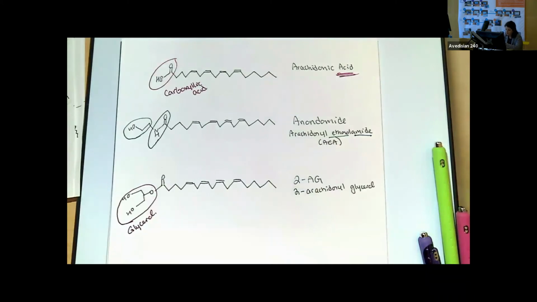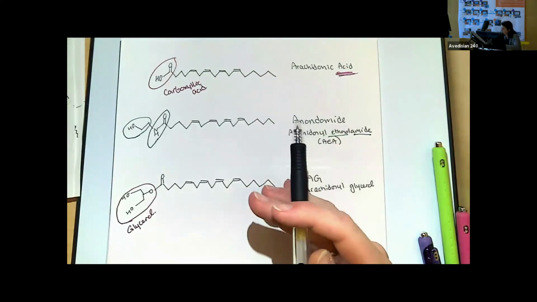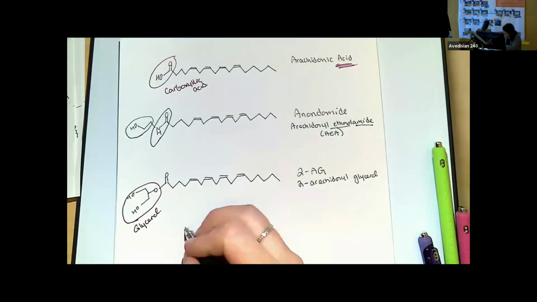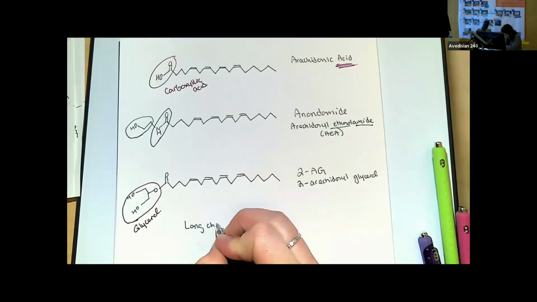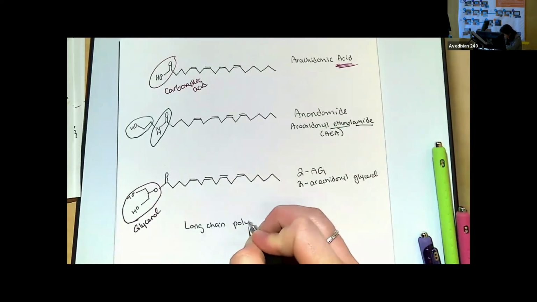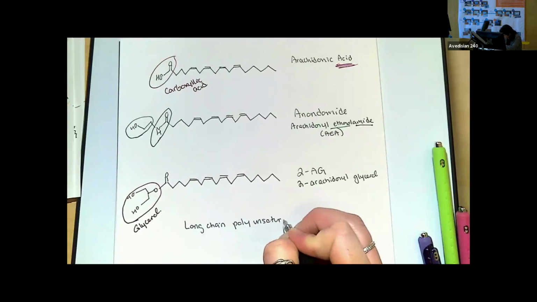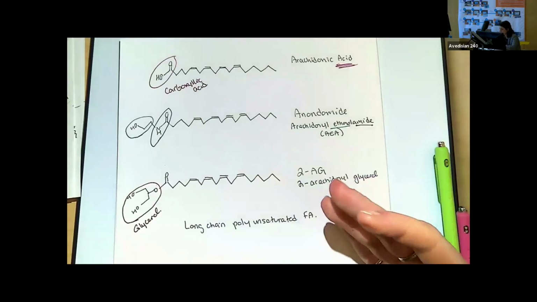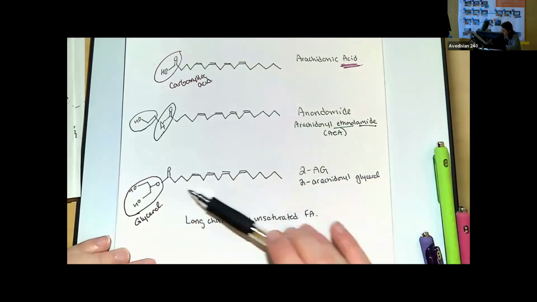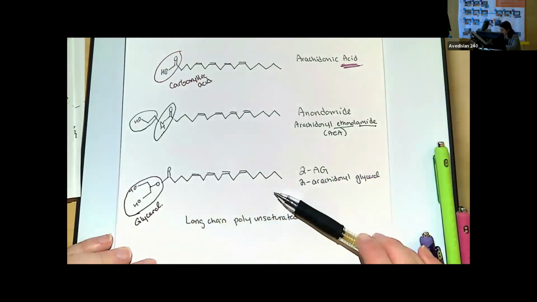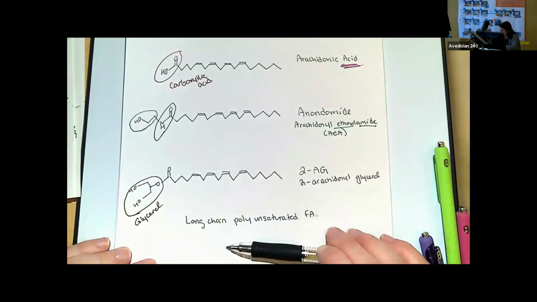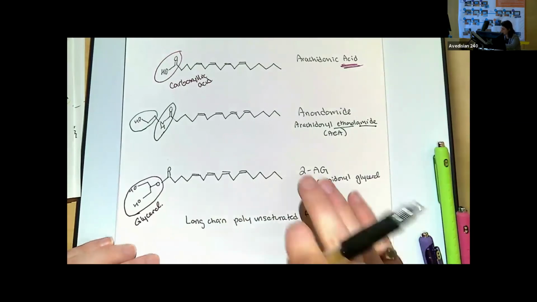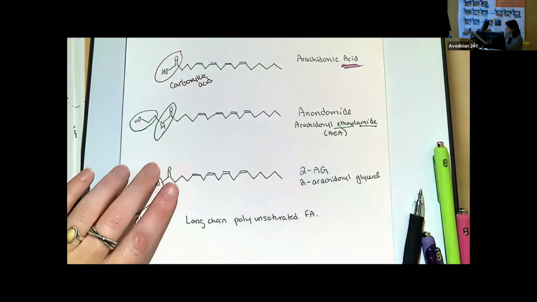Let's also talk about, sometimes you'll read about arachidonic acid and it will be referred to as a long chain polyunsaturated fatty acid, which is a long way of describing it. But long chain, okay, it's a long chain, it's like 20 carbons, but polyunsaturated, that's referring to this part right here.